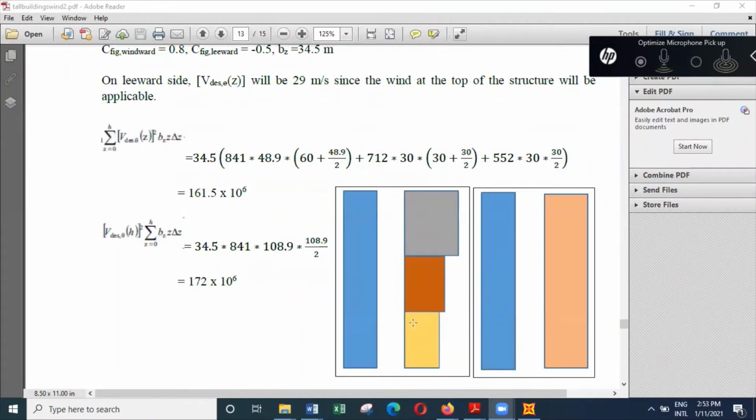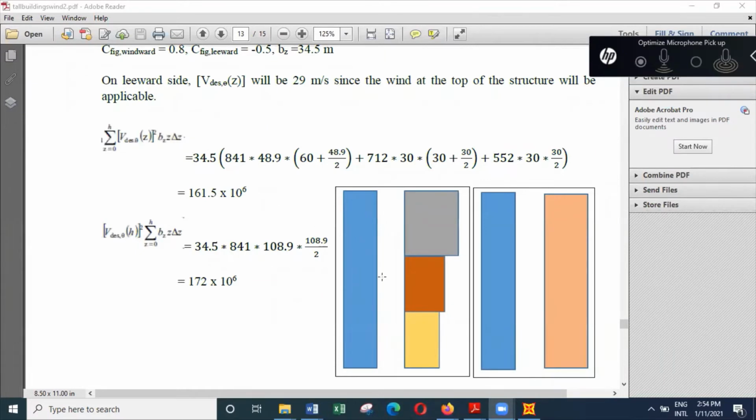So you can see this is a variable function over the full height, but to get an answer easily, we have converted it to constant values, representative constant values. And then to get the total bending moment, I'm considering the three components, and then I'm calculating the total bending moment due to this particular set of loads.